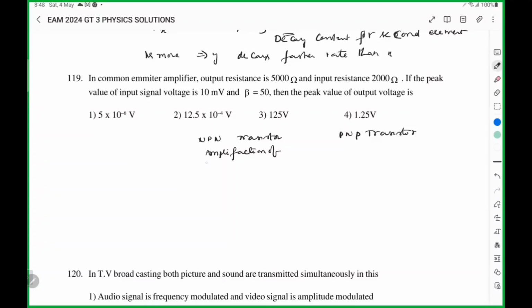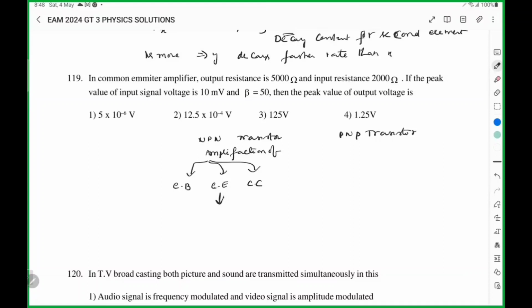In an NPN transistor, there are three modes of amplification: common base, common emitter, and common collector.